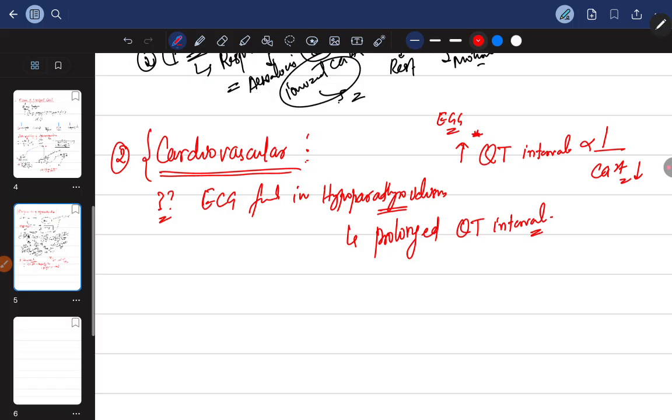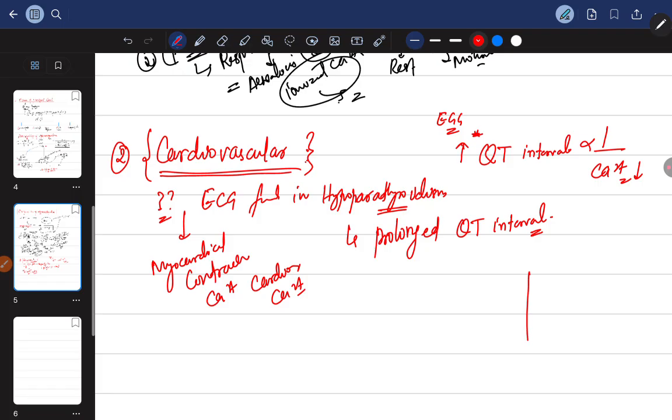Also remember that for myocardial contractility you need calcium. These cardiomyocytes need calcium. During your UG courses, you might have read about these phases: phase 0, phase 1, phase 2, phase 3, and phase 4, the isoelectric line.